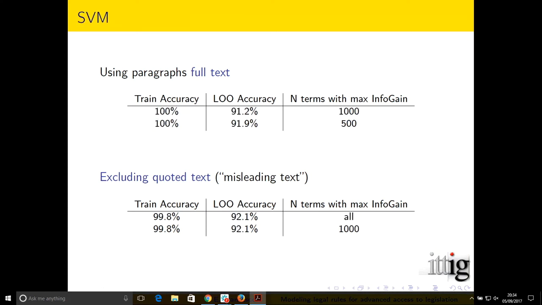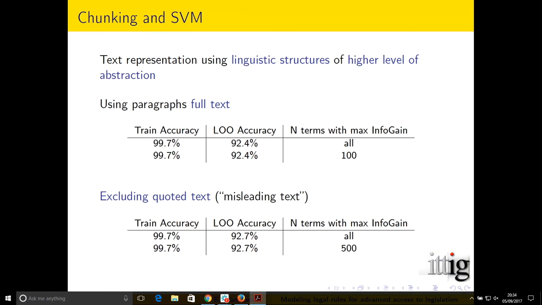Then with the SVM, support vector machine, we had better results, up to 92.1% in the test. From the point of view of NLP, natural language processing, we used a specific representation of the text in terms of chunking.